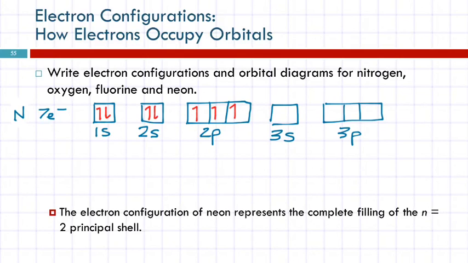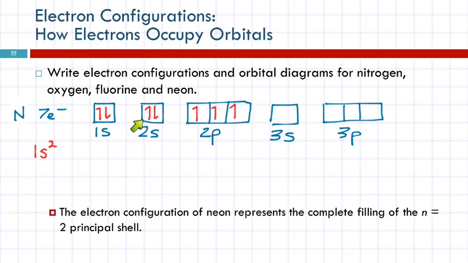The electron configuration is like what the front desk clerk has written down, just real fast shorthand, so he knows where all the people are, so he doesn't send someone to a room that's already full. So 1s has 2 electrons. So for nitrogen, we've got 1s2.